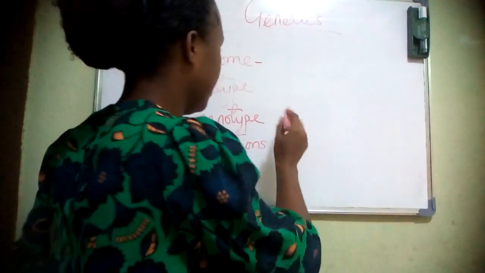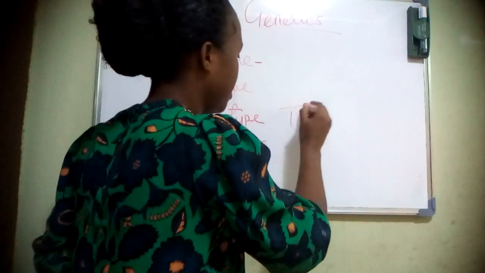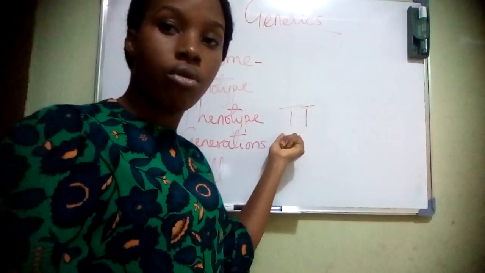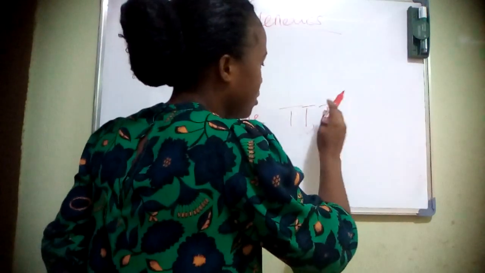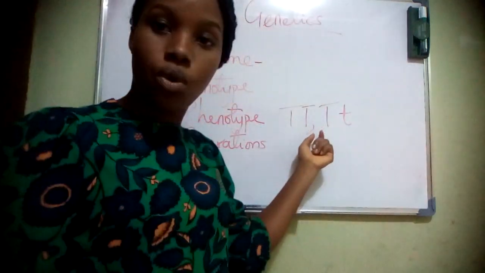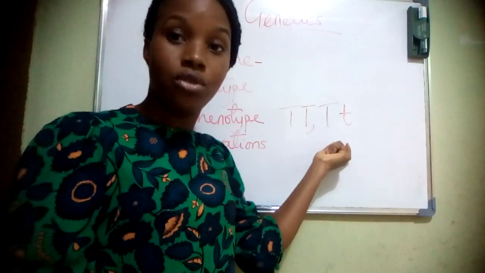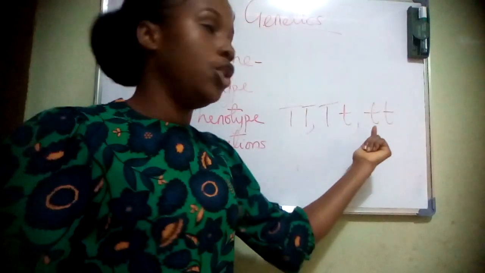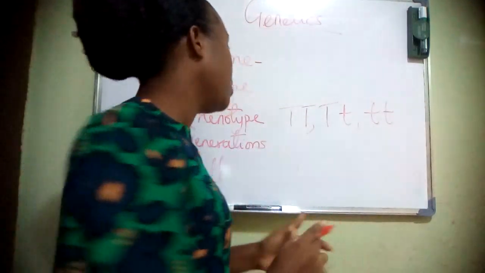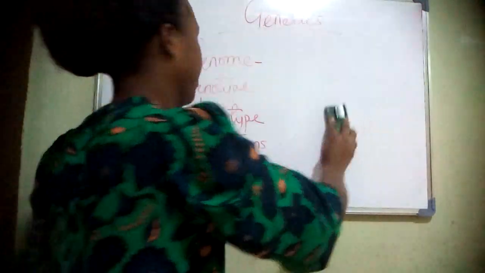And like the example I gave before, we have this individual being tall. That's the phenotype you are seeing. This being tall also, even though the genotype shows that he has the allele for being short. And then we have this, a short individual. So like I said, it is the result of the genotype.